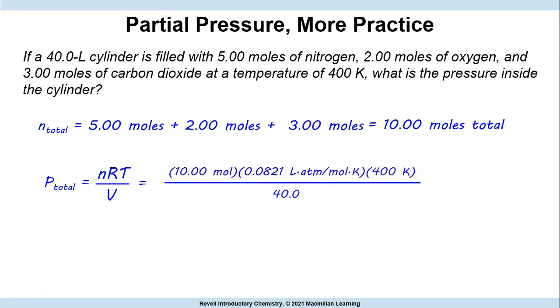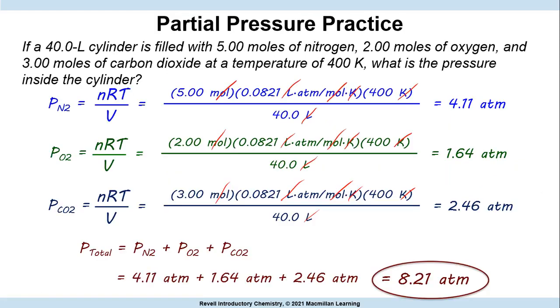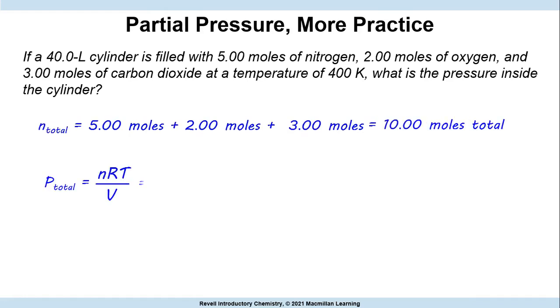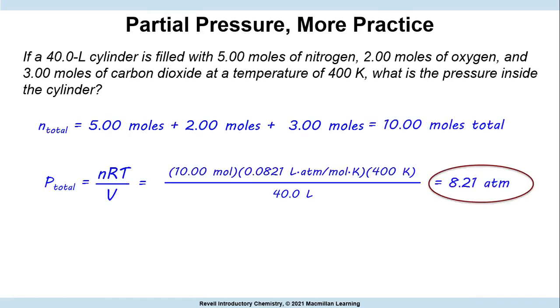If you do this, the units will still cancel out, and you are left with 8.21 atmospheres. Same thing like what we had in the previous slide, 8.21 atmospheres. So the second method is easier. It's easier because you understand that the pressure is proportional to the moles. It is related to the total number of moles and not the identity.